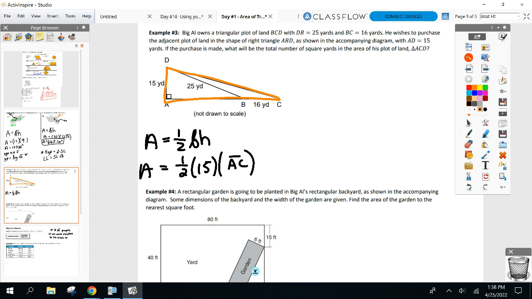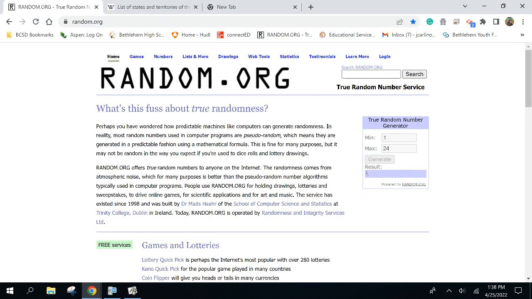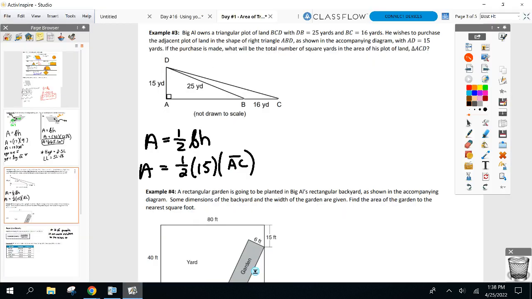AC. So take a minute, think it over. I'll ask somebody here, after you get time to think, how can I figure out what the length of AC is so I can finish off my area formula? See a lot of typing on the calculators. What's your approach to get AC? I did that with the ABD.